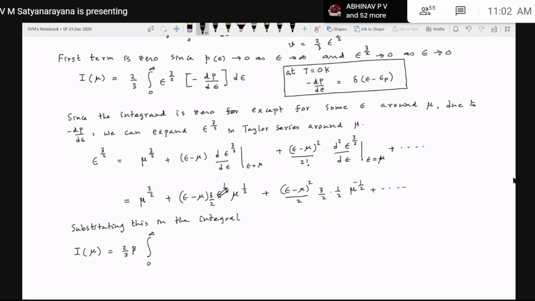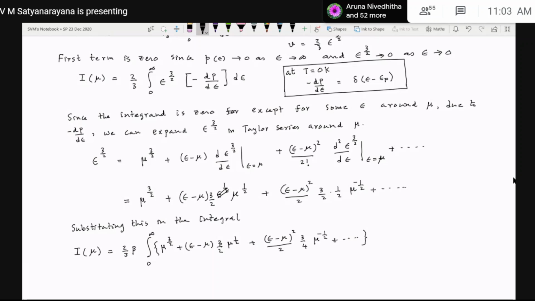So I have this expression, that is mu to the power 3 by 2 plus epsilon minus mu into 3 by 2 into mu to the power half plus epsilon minus mu the whole square divided by 2 into 3 by 4 into mu to the power minus half, and of course I have all our additional terms.